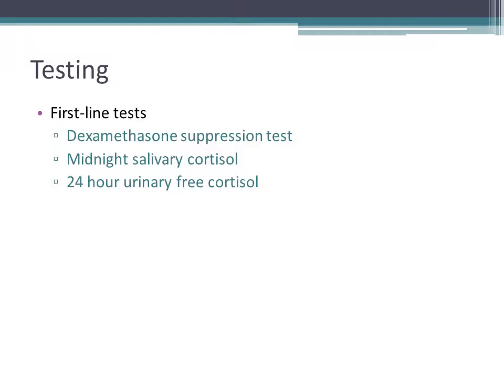The second screening test is midnight salivary cortisol. In normal physiology, as we mentioned before, the cortisol in the morning is high, and then it decreases as the day goes by, and the lowest level of cortisol is typically before going to bed. So if we measure cortisol level at midnight, it should be low in normal people. However, in patients with Cushing syndrome, it is elevated, because of this autonomous production.